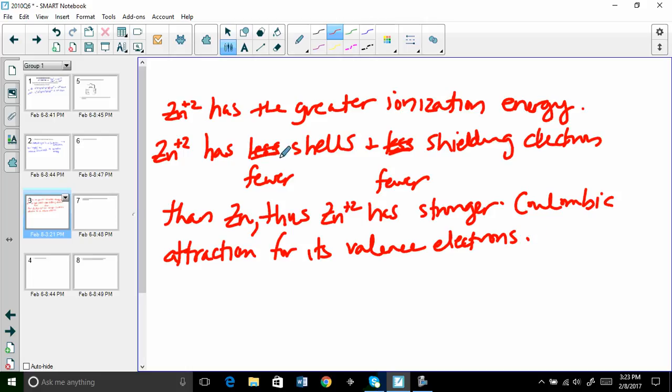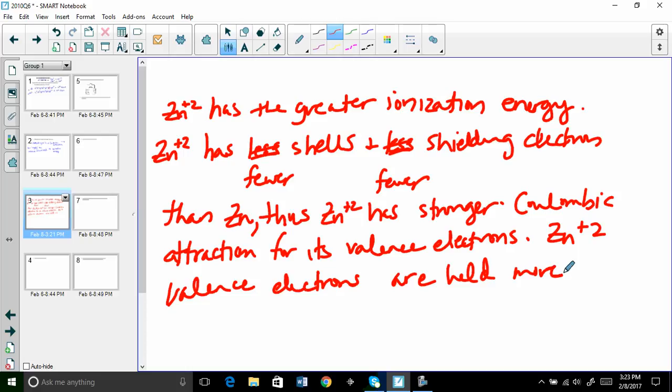In sentence 2, you're supposed to talk about shells and shielding electrons or Zeff and how it affects the coulombic attraction. Zn plus 2 valence electrons are held more tightly than zinc's valence electrons.